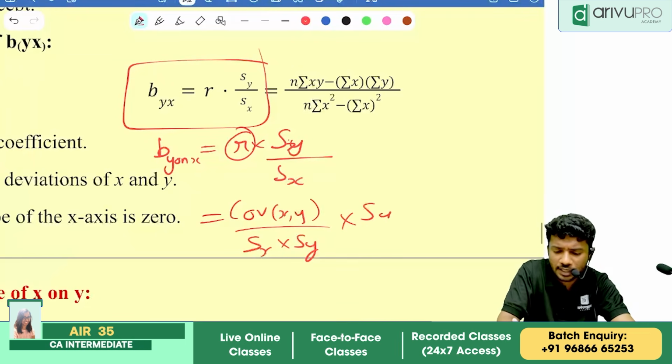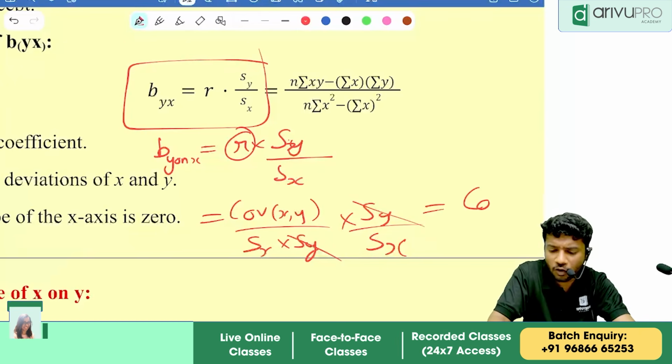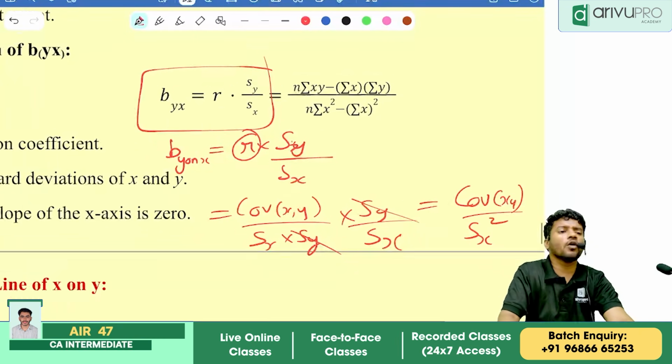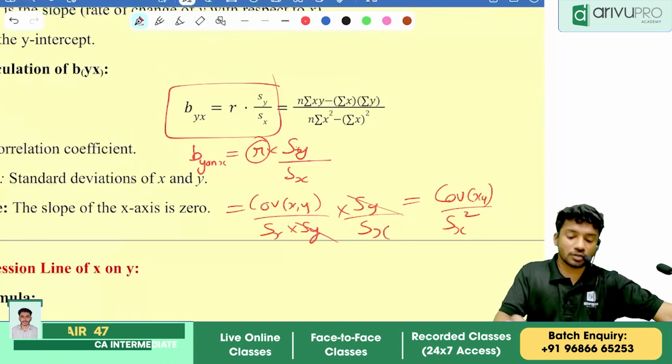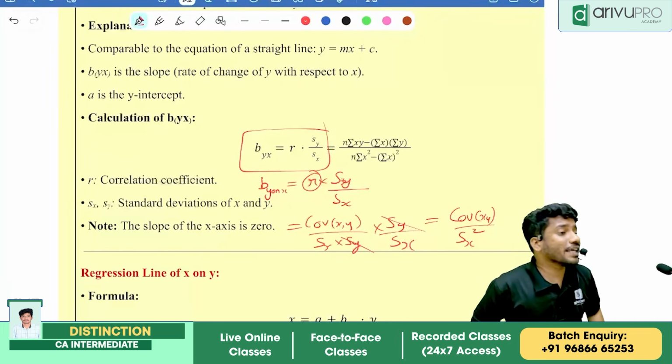Then what is remaining? Sy divided by sx. Cancel, cancel. What is remaining? Covariance of xy divided by the standard deviation of x, the whole square. This way also you can write it. Okay, make a note of it.